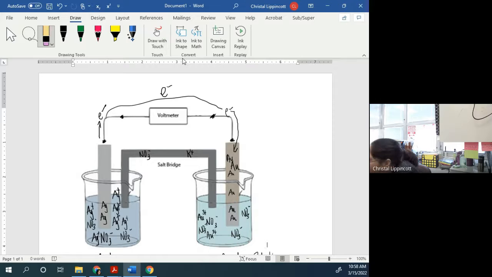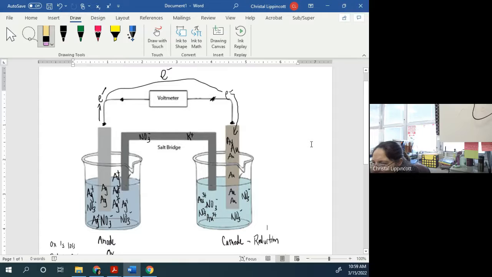And this guy is going to get smaller because those ions are going to go out into here. Now, the problem is that we start to get a charge imbalance here. I've taken something here that was a +3, and by doing that, now this solution has become more negative.